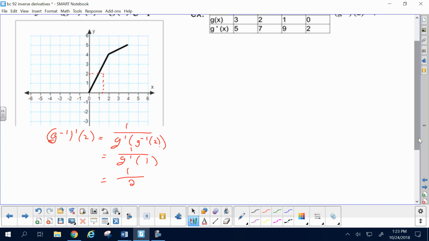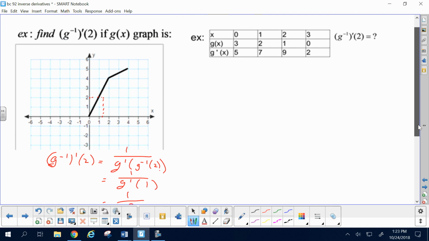Did you get 1 half? No. Oh, did I make a mistake? Possibly 1/7. Yeah, I think it's 1/7. Oh, no. Because g prime of 1 is 7. Oh, yeah, I got 1/7. g prime at 1. Well, they gave us the graph. Oh, we did the table. Maybe that might be why. Oh, these are different. Those are 2 different properties.